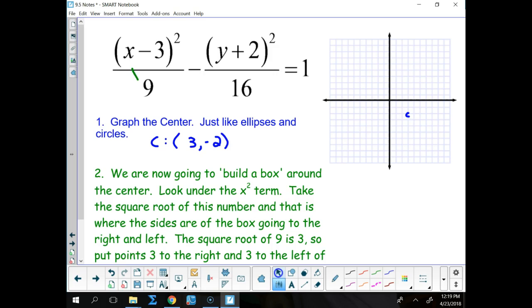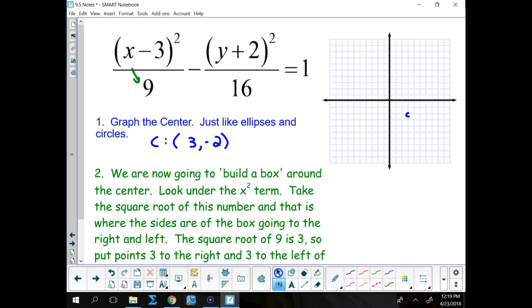First, just like with ellipses, we're going to look at what's under the x term. Take the square root of that number, and that's where the sides of the box are, left and right, because x is horizontal. So 9 square rooted is 3.